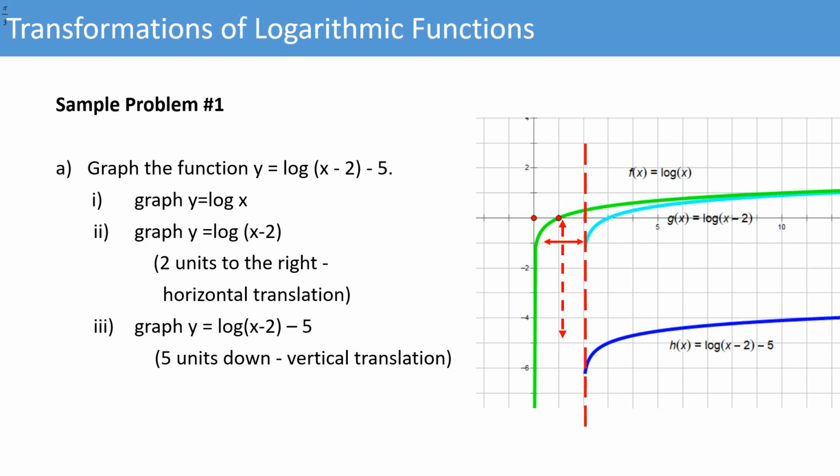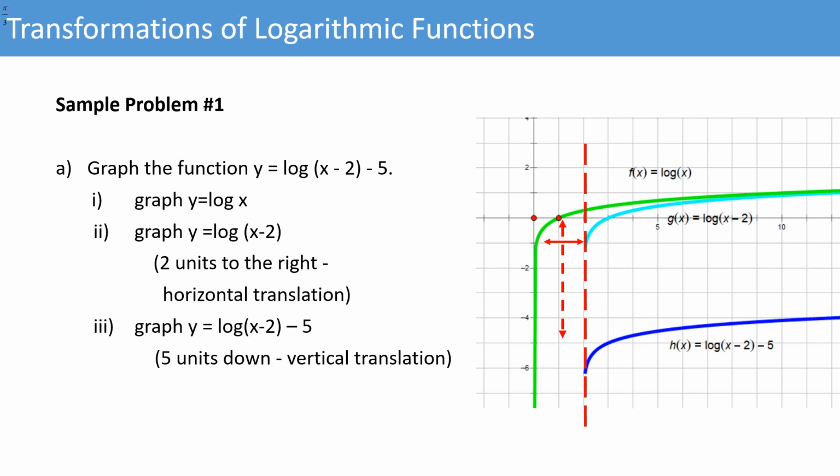To do that, start by graphing y equals log x, and that's shown on my graph in green. The graph y equals log(x - 2) I've shown in aqua. You will see by my red arrow that it's a 2 unit to the right horizontal translation.